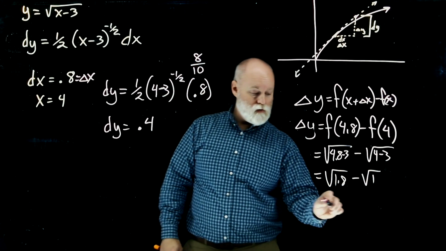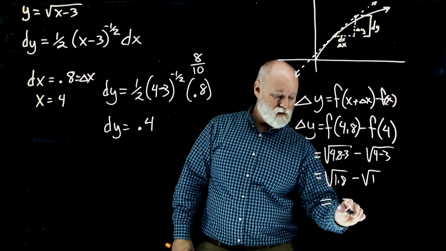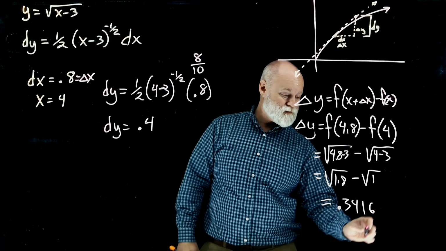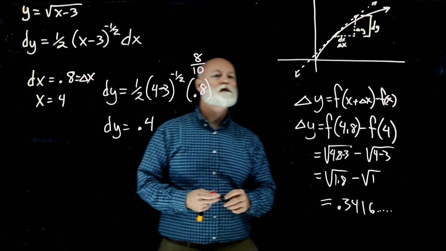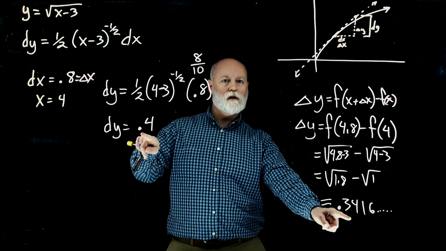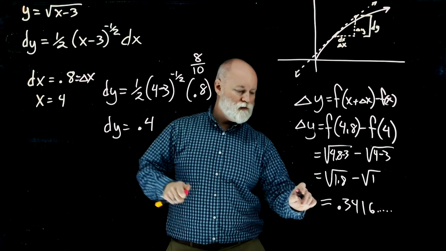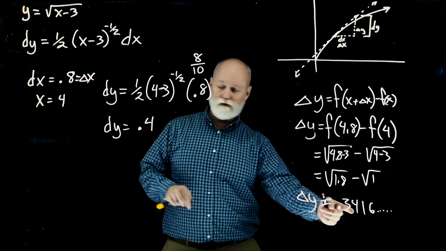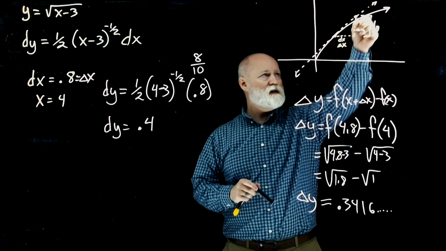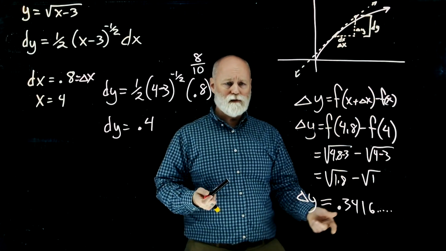When we do that, we get a value that is approximately 0.3416, and it keeps going, which is decently close to our dy. So here we found delta y is close to dy, which means there's just a tiny bit of space, some error between those two.